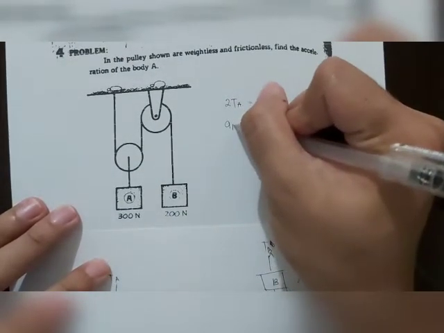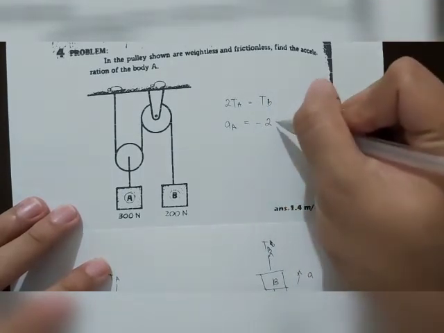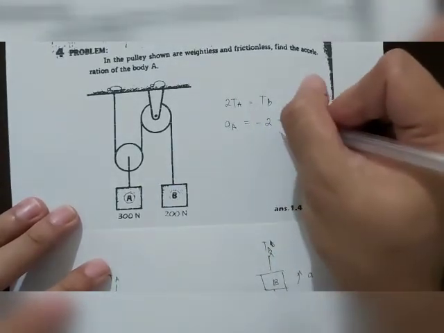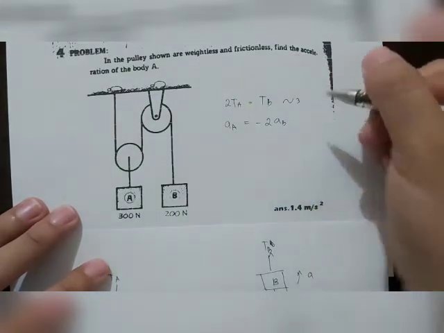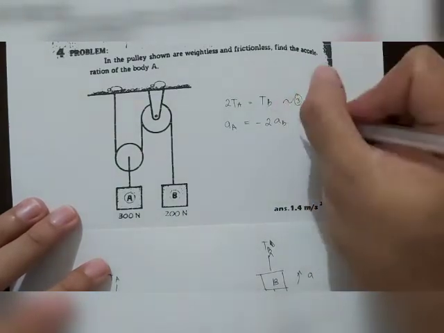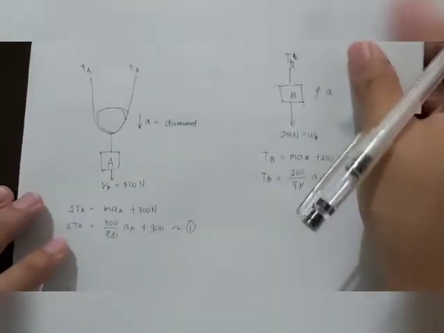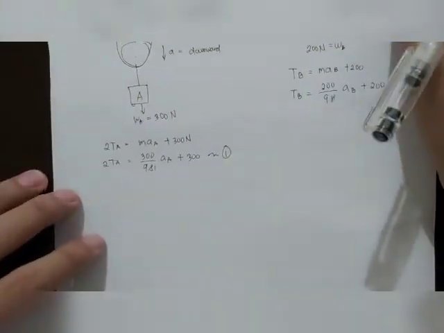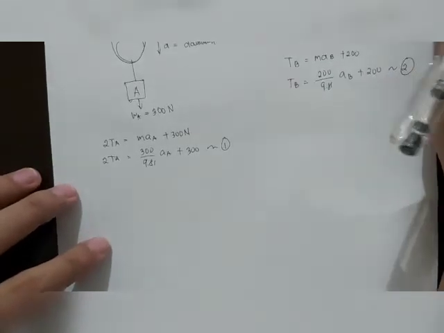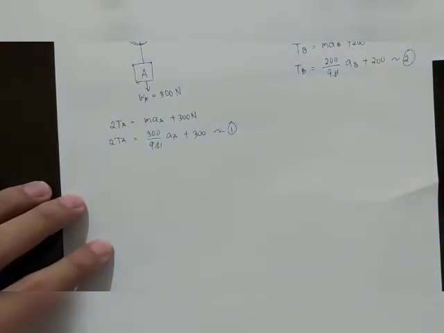And the acceleration of A is equal to negative 2 that of the acceleration of B. Okay, so we will name this as equation 3 and equation 4. Okay. So, substitute natin yung 3 and 4 sa equation 2 para makapag-equate tayo ng equations natin para makuha yung acceleration.